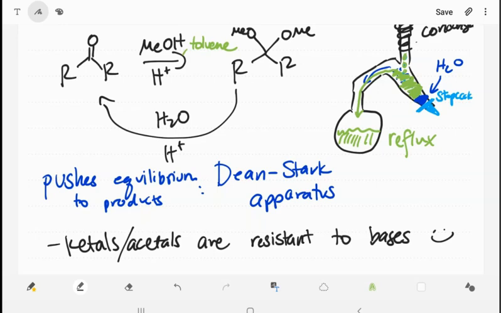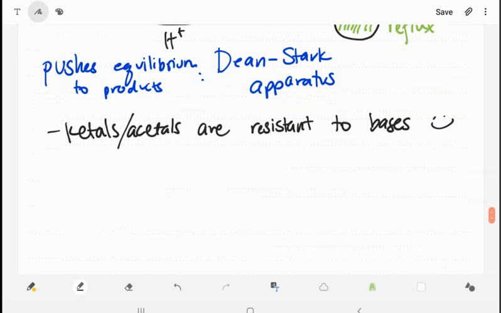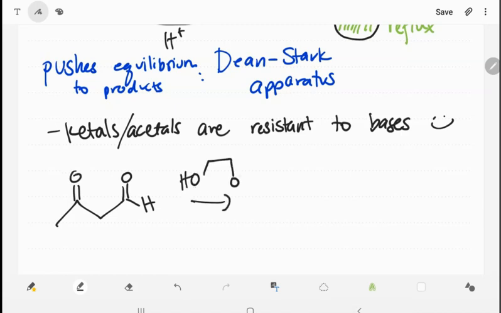So if you just use two equivalents, or better yet, one equivalent of something else, if you go ahead and do this, we're going to use one alcohol.